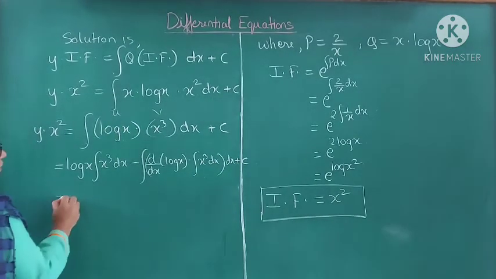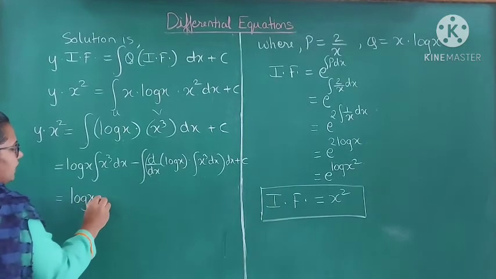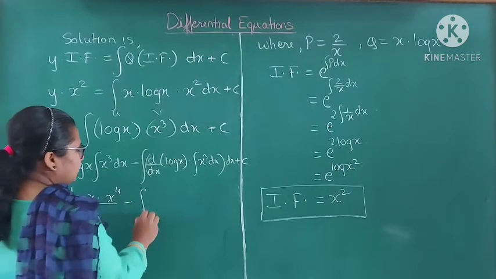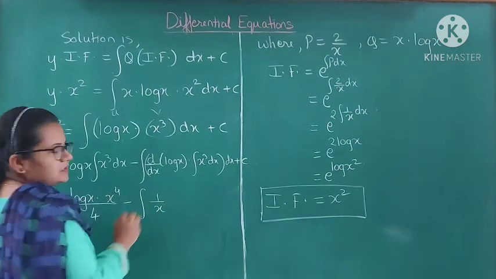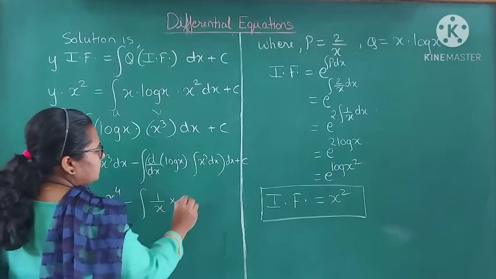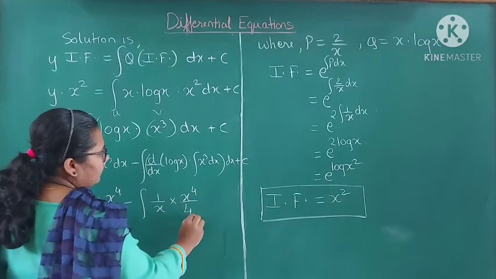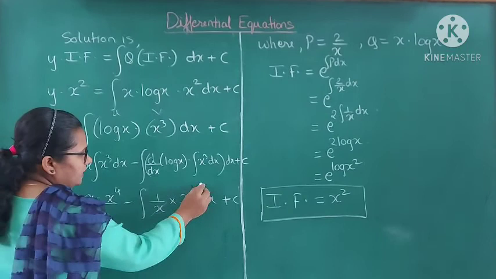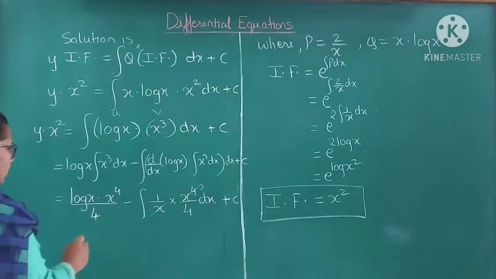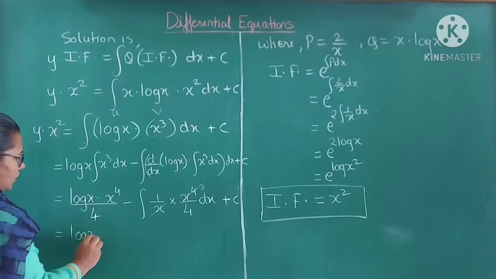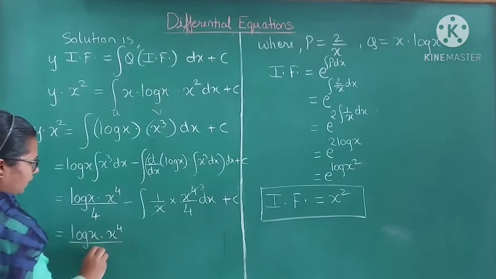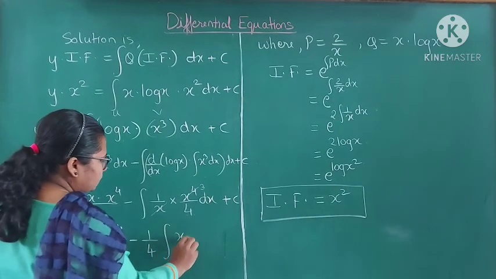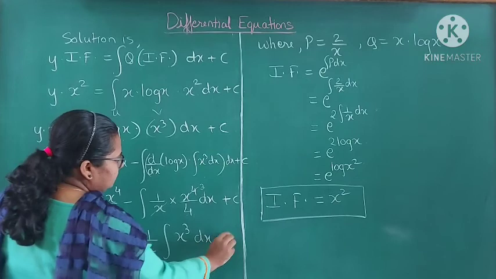So what is the integration of x cube? It is x raised to 4 upon 4. First term over, minus upon 4, minus 1 by 4 you can take common out, into the integration of x raised to 3 dx plus c.